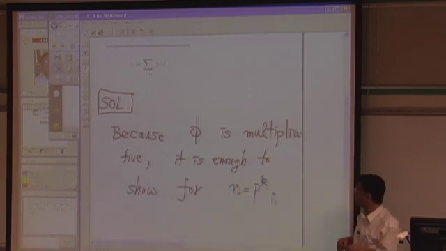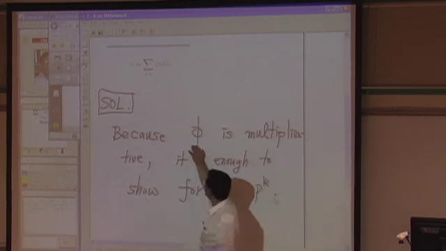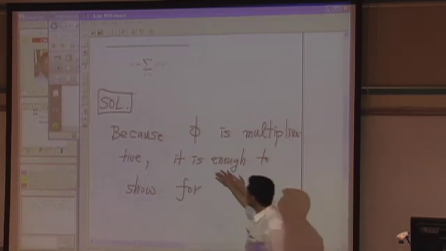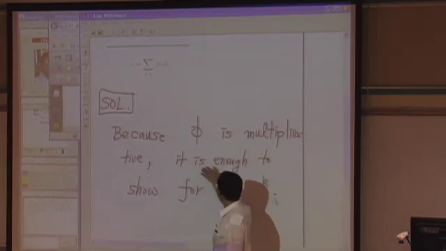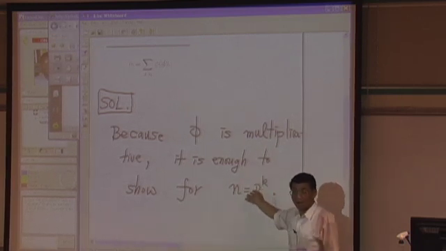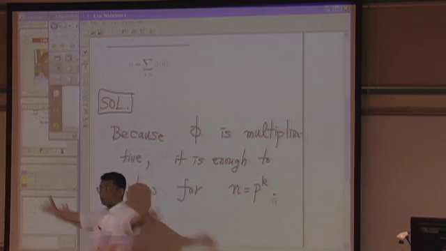The phi function is multiplicative. This is problem number 3, right? This portion itself is problem number 3. And once it's multiplicative, it's good enough to prove it for prime powers, because we can decompose the number into prime powers and later multiply.